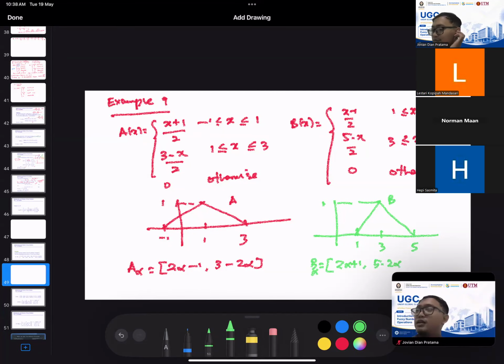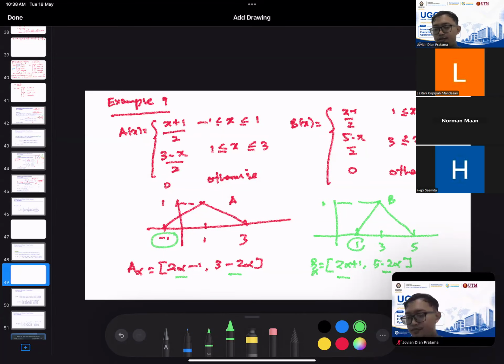Now, when you want to multiply, you see that the combination of the lower part and upper part of A and the lower part and upper part of B is different. When you multiply minus 1 with 1, you will get minus 1.